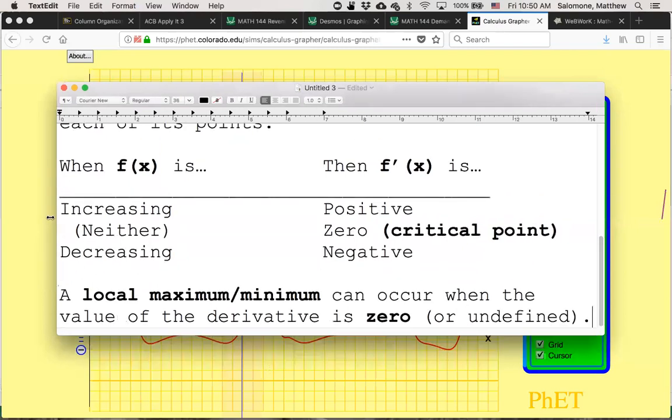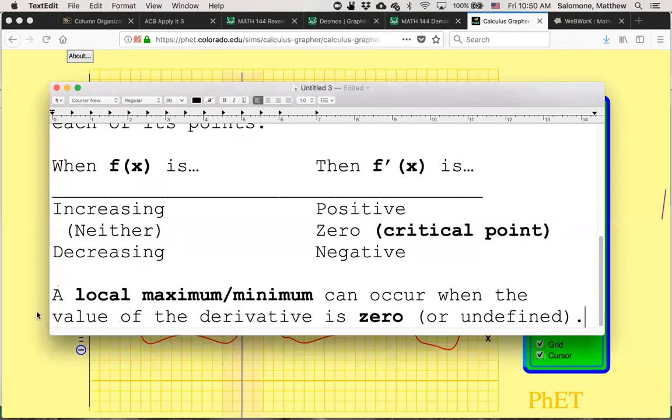So why this is nice is that saying that the value of something is equal to 0 gives me a recipe. It gives me an equation that if I have an equation for this derivative function, I can use this observation to then solve that equation and figure out where these local maxima or local minima might be happening. So let's take a look at what that looks like in practice.